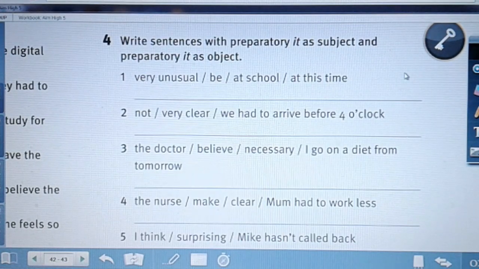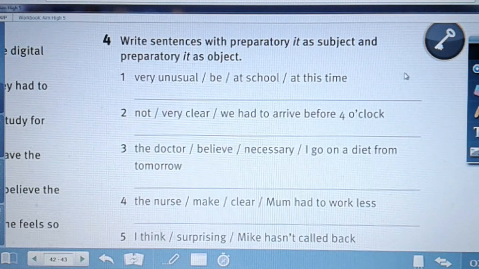Last but not least, you need to do part 4. Please write sentences with preparatory it as subject and preparatory it as object. So for example, number 1, very unusual be at school at this time. So shall we use preparatory it as subject or object?